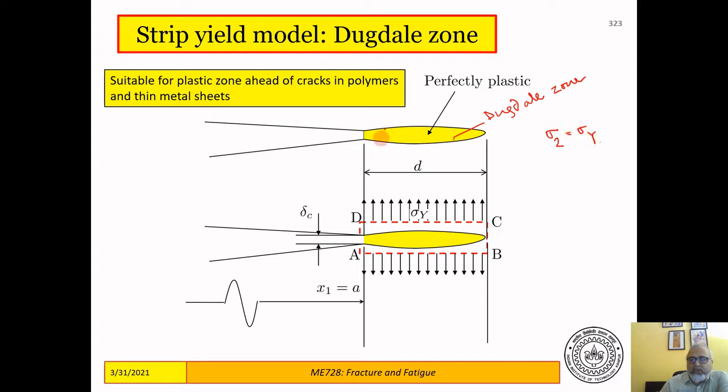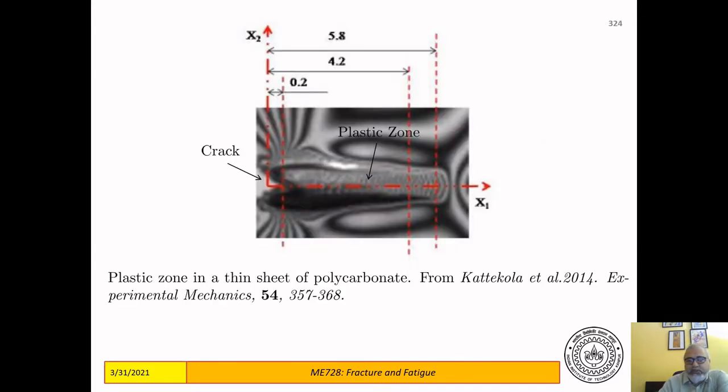So all over this region which has yielded, the strip that has yielded, sigma 2 is equal to sigma y. That's the maximum 2-2 stress that a perfectly plastic material can withstand in plane stress.